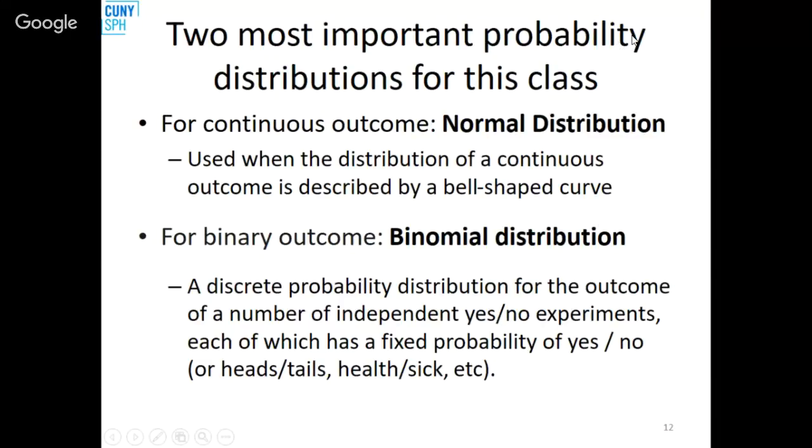The two most important probability distributions for this class are the normal distribution, which we will start using for hypothesis testing starting in November, and the binomial distribution, which is what we're going to use for binary outcomes.